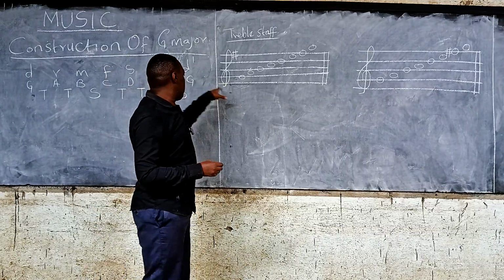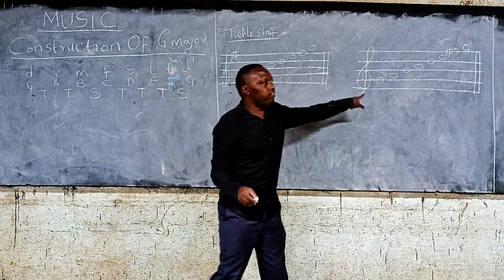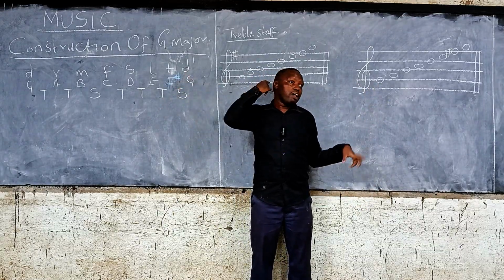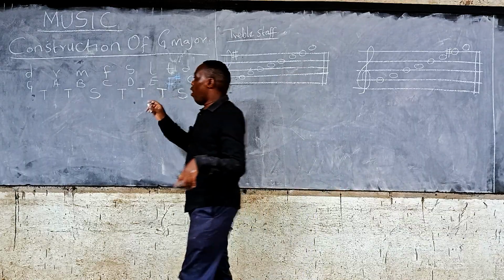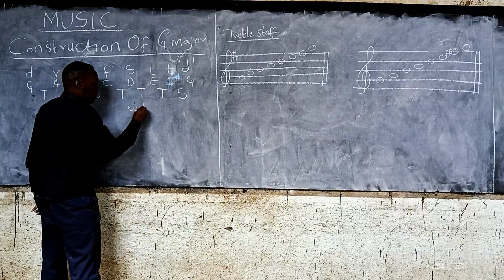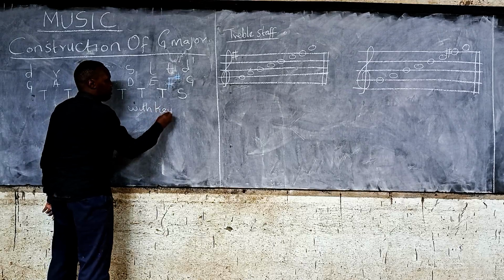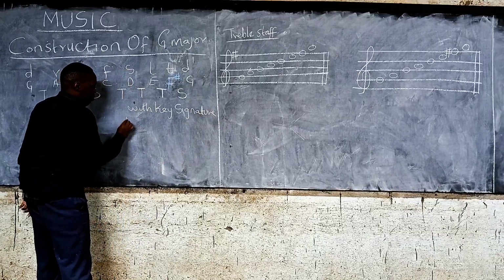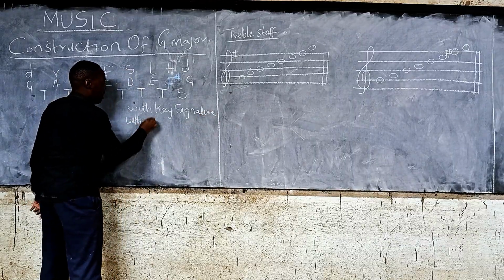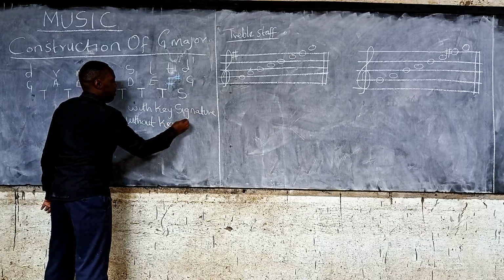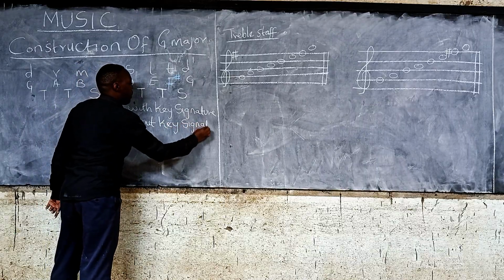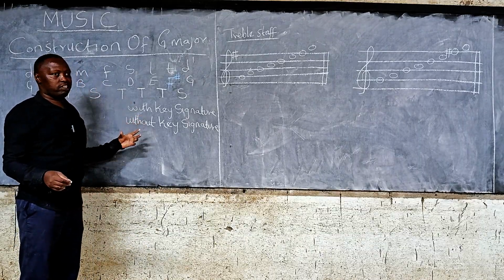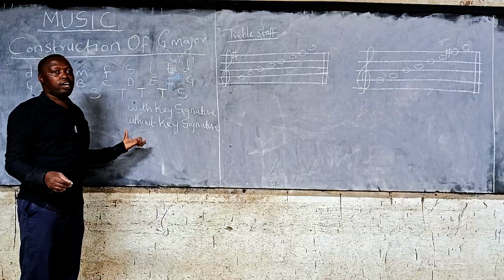This one is representing this information, and also this is representing this information, but different, because there is something I want to introduce: with key signature and without key signature. So now we want to know which one has a key signature and which one does not.